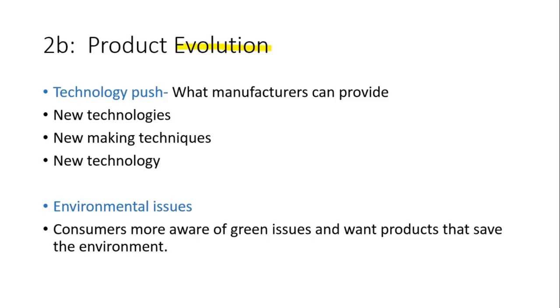And then environmental issues, such as consumers being more aware of green issues, so they want products which are environmentally friendly, i.e. the new cars that are coming onto the market, hybrid cars and so on, are not only driven by technology, but they're driven by the need of consumers to be environmentally friendly, to make a change to the environment. And governments as well are passing legislation that requires cars to be more efficient.